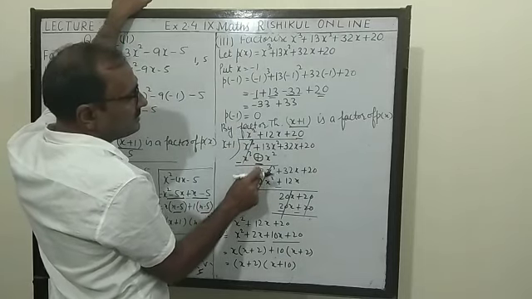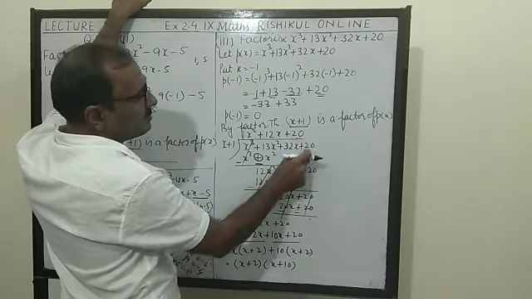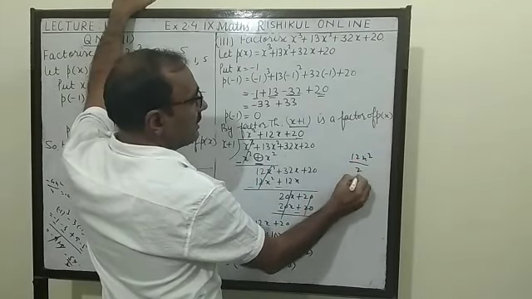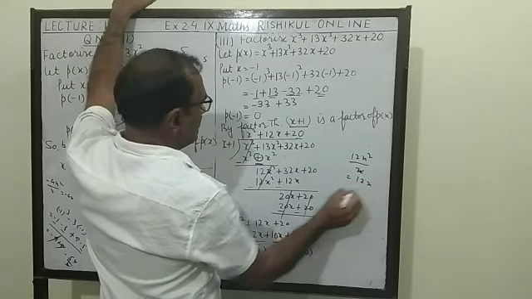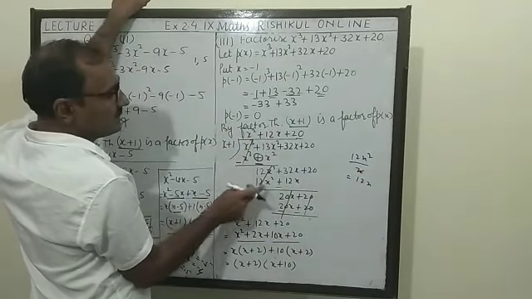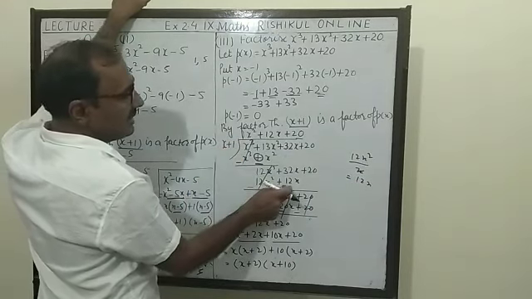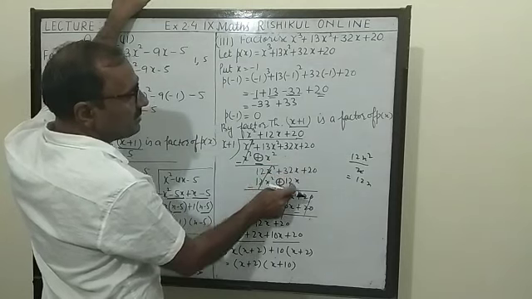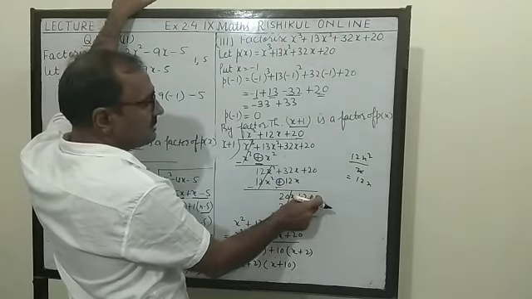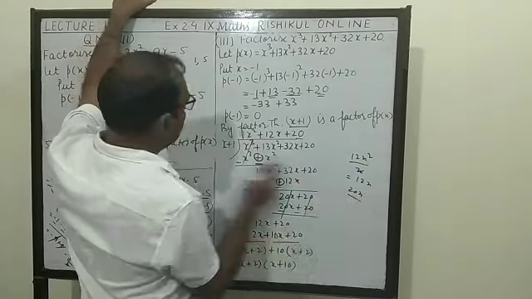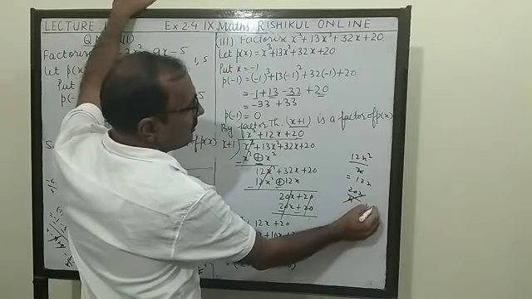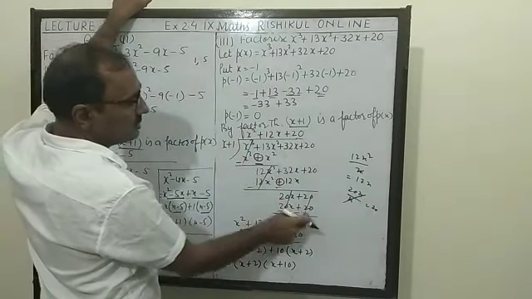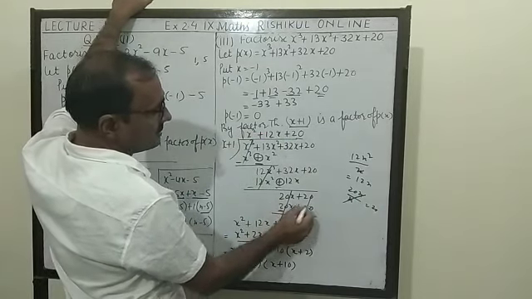13x square minus x square gives 12x square, plus 32x plus 20. Then 12x square divided by x gives 12x, 12x into x plus 1 is 12x square plus 12x. Sign will change and they cancel out. 32x minus 12x is 20x, plus 20, bring down this one. Then 20x divided by x gives 20, 20 into x plus 1 is 20x plus 20, sign will change and they cancel out.